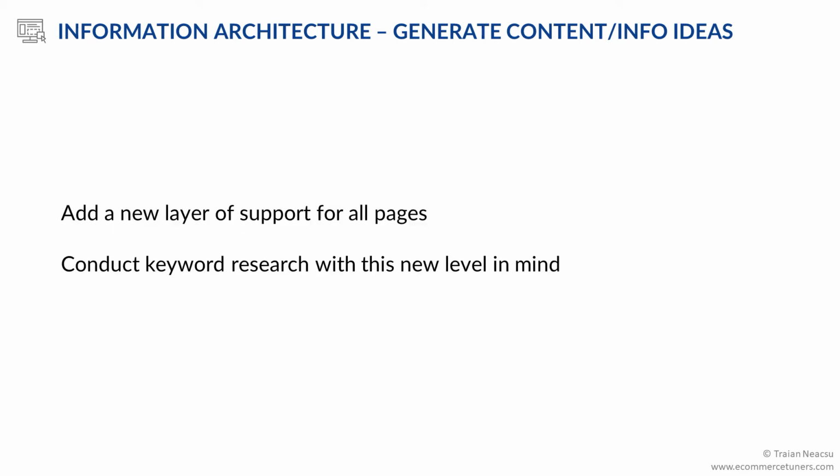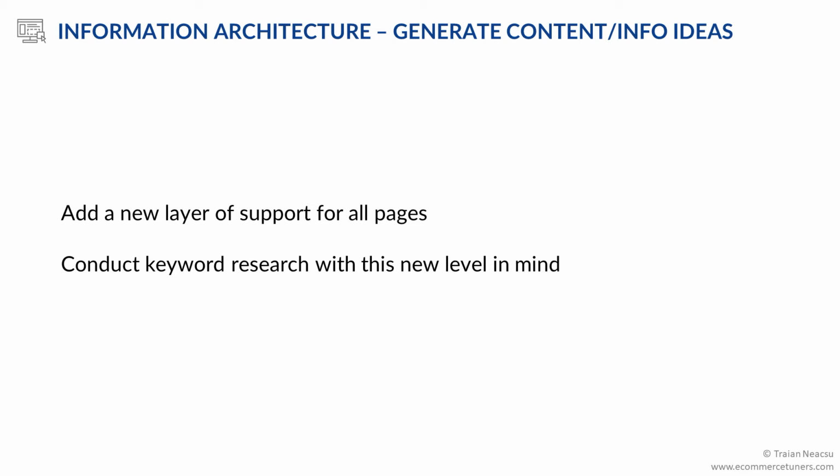Here are some ideas for you. Add a new layer of support for all pages on the website, especially for product and subcategory pages. As I mentioned, this layer can be a blog, a forum, expert Q&As, how-to guides, buying guides, white papers, workshops, and so on.